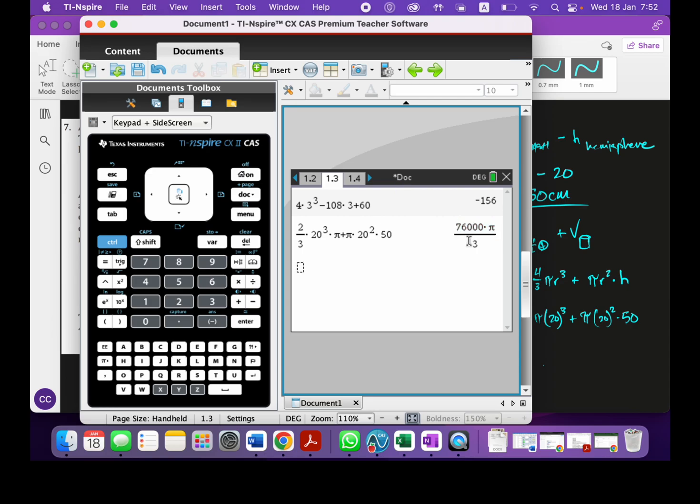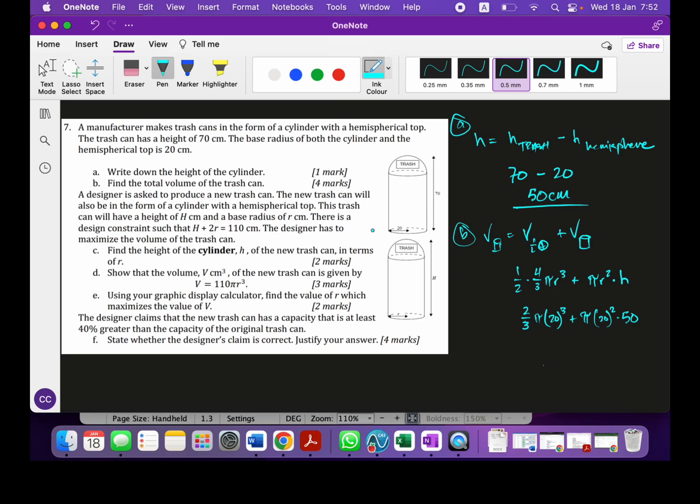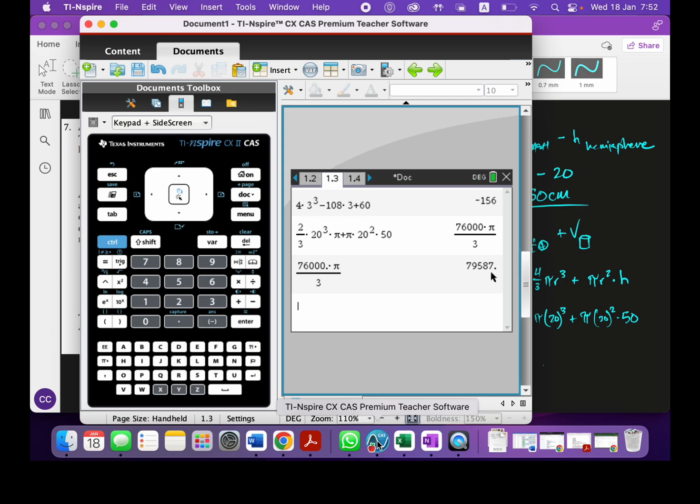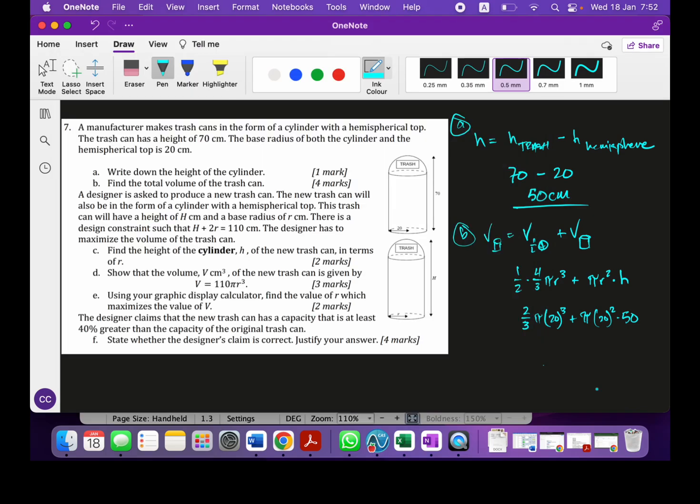But, sorry, if I click up, I click on that. If I want a decimal, there has to be a decimal in my response, and that will make that happen. So I'm happy with either one. Let's go with that first one, 76,000 times pi over 3.